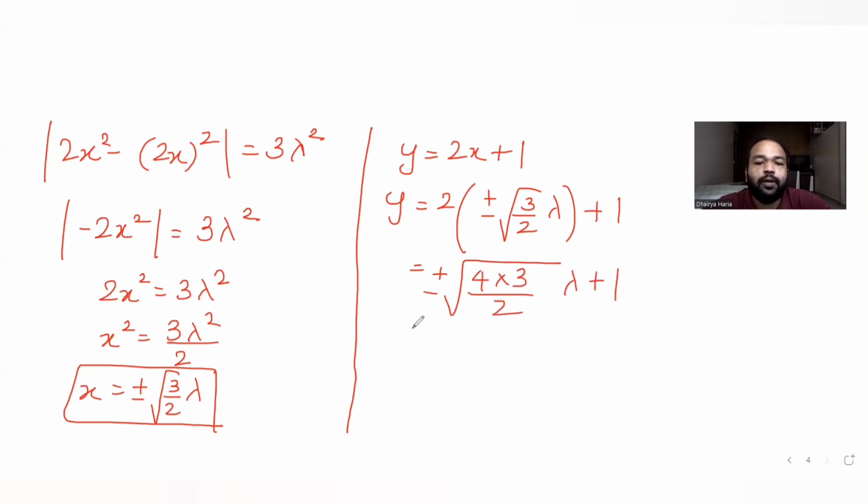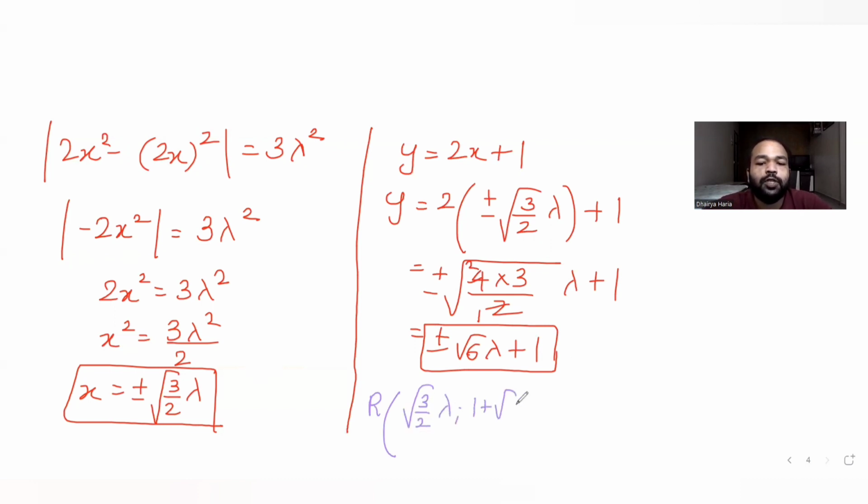So that makes it plus minus 2 ones are 2, twos are √6 lambda plus 1. So you get the two coordinates, that is R and S. So R, if I take it as a positive, it becomes √3/2 lambda, and from here you're getting 1 plus √6 lambda. And the other coordinate S is minus √3/2 lambda and 1 minus √6 lambda. So you have these two coordinates now with you.